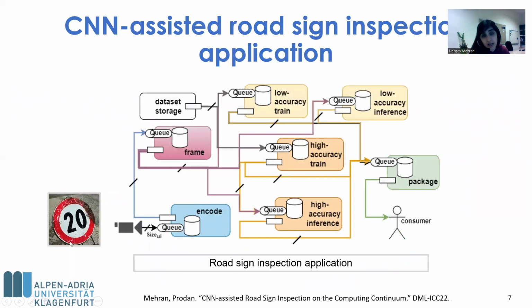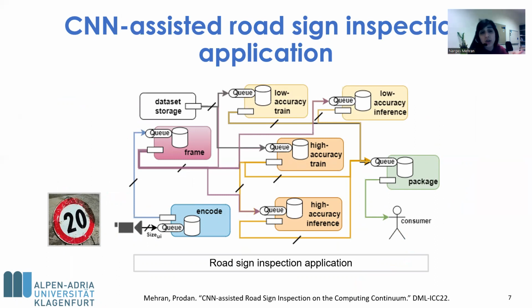So considering that a video stream is being fed into the system or the application, it consists of different frames. Maybe inside one frame there is one traffic sign, such as, for example, a 20 kilometers per hour speed limitation.